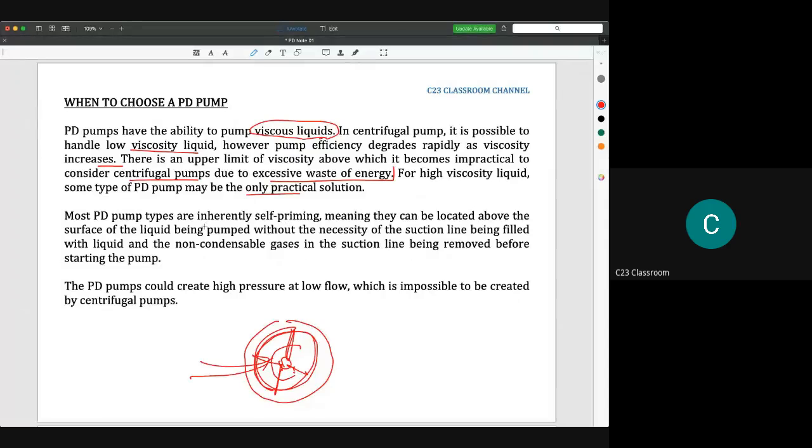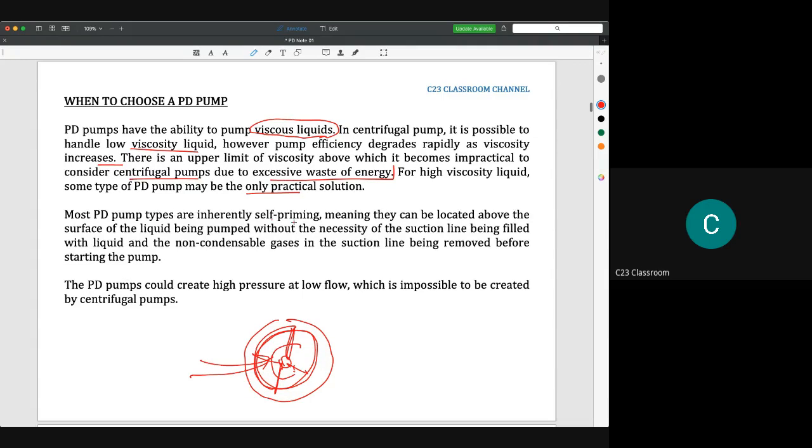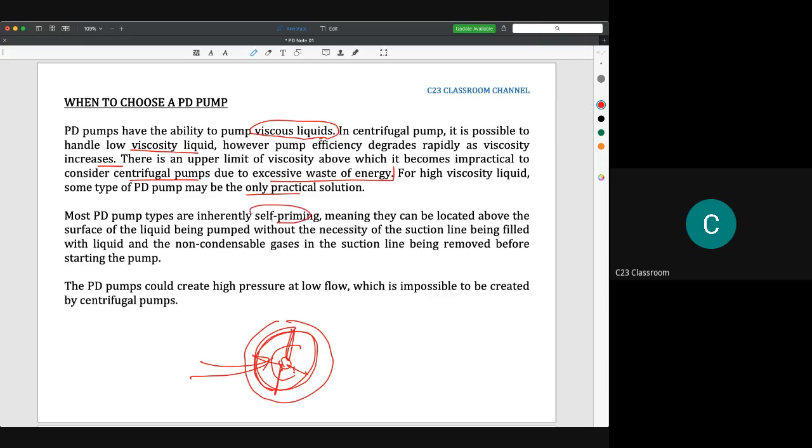Antara lain ialah, a major advantage of positive displacement pumps is that most positive displacement pump types are inherently self-priming. So awak kena ingat perkataan self-priming ni. It means they can be located above the surface of the liquid being pumped without the necessity of the suction line being filled with liquid and the non-condensable gases in the suction line being removed before starting the pump.